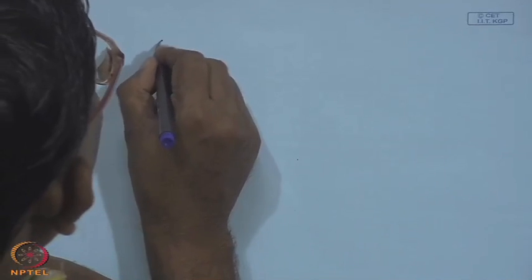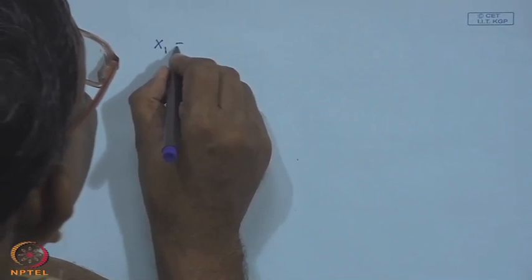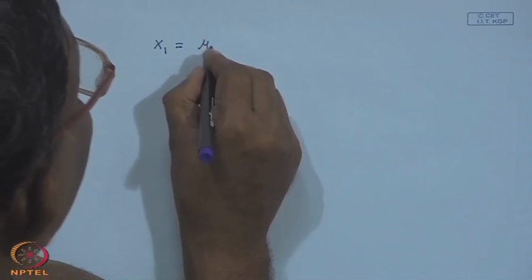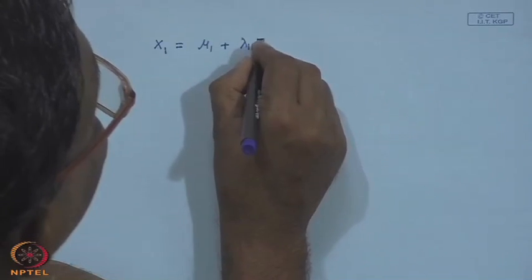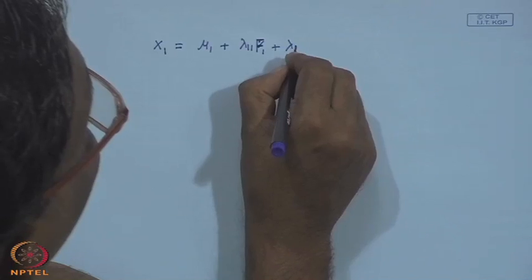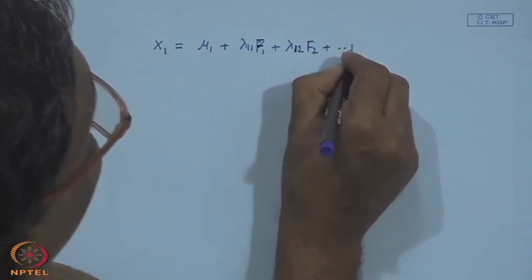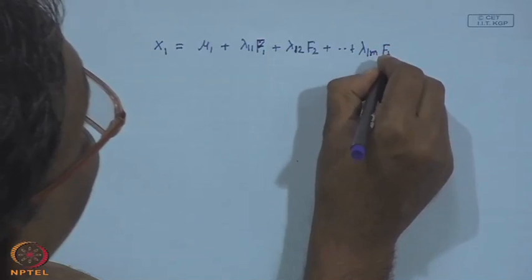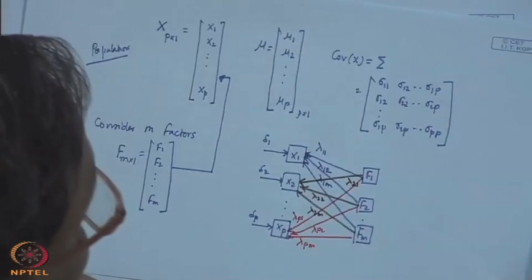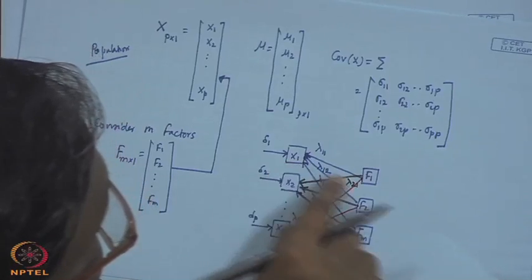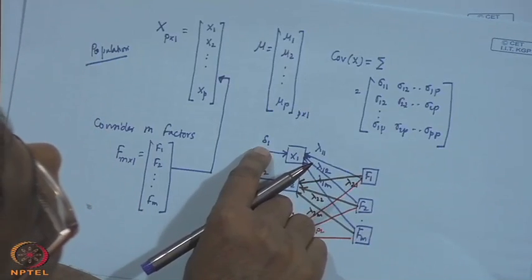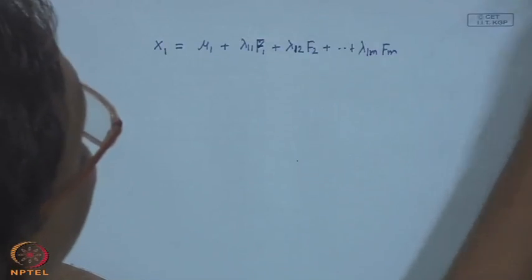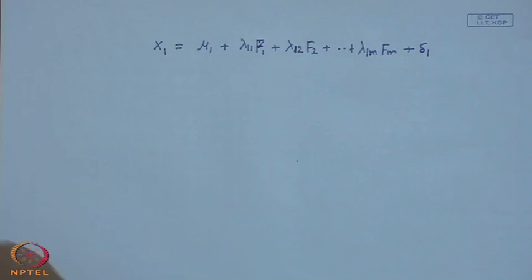With this, if I want to write down a certain equation, can I not write down a regression like equation: x 1 equal to mu 1 plus lambda 1 1 f 1 plus lambda 1 2 f 2, like lambda 1 m f m. What more is there? Delta 1 is there. So, plus delta 1.